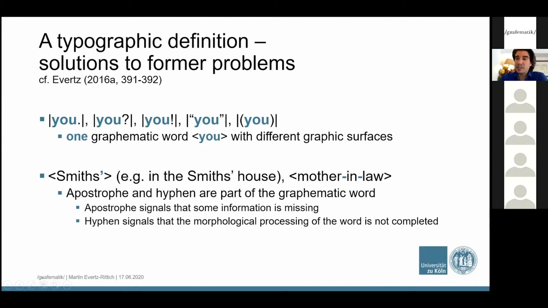The apostrophe carries grammatical information and says there's something missing, and the hyphen signals that the morphological processing of the word is not completed after "mother" or after "in", but that this whole thing is one graphematic word and should be processed as one morphological word.